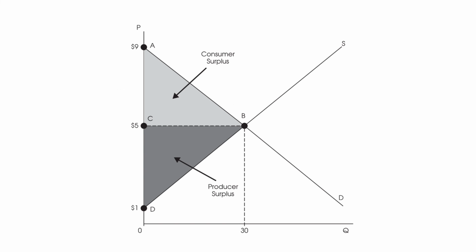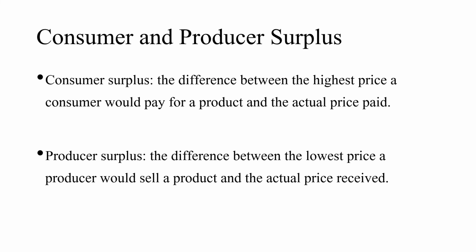This is a photo of the graph from the Barron's AP Economics textbook, and we can see that the consumer surplus is the part above our equilibrium, and the producer surplus is the lower part from the equilibrium, since we want to mark the difference between the prices.